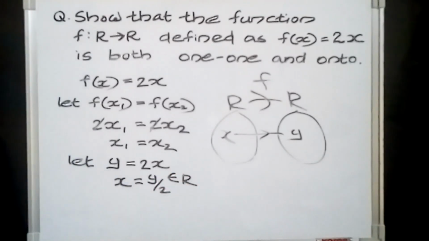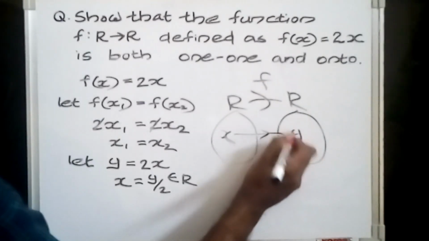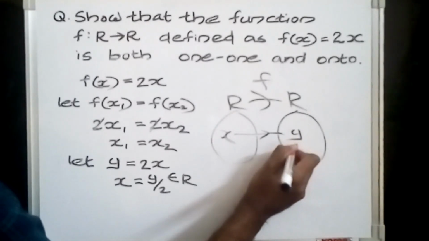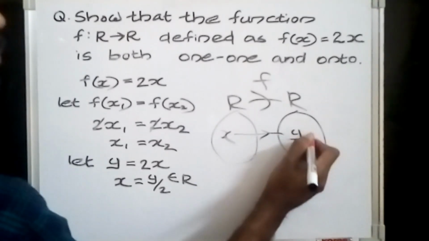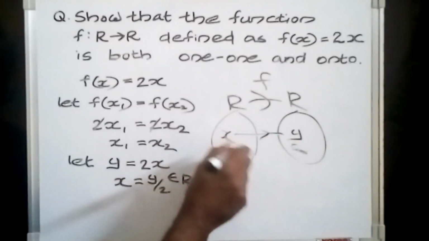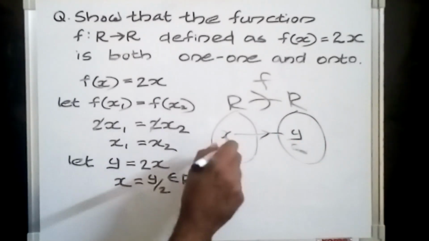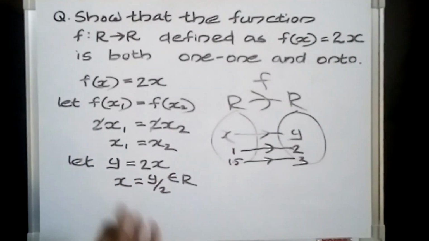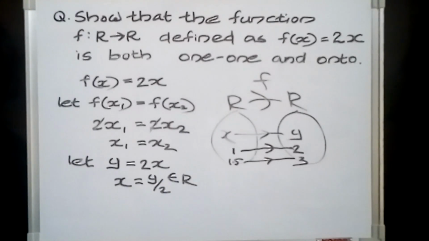Thus, if there is an element y equal to 2x in the second set, there is a pre-image x equal to y by 2 in the first set. This is the method we use to prove that the function is 1, 1 and onto.